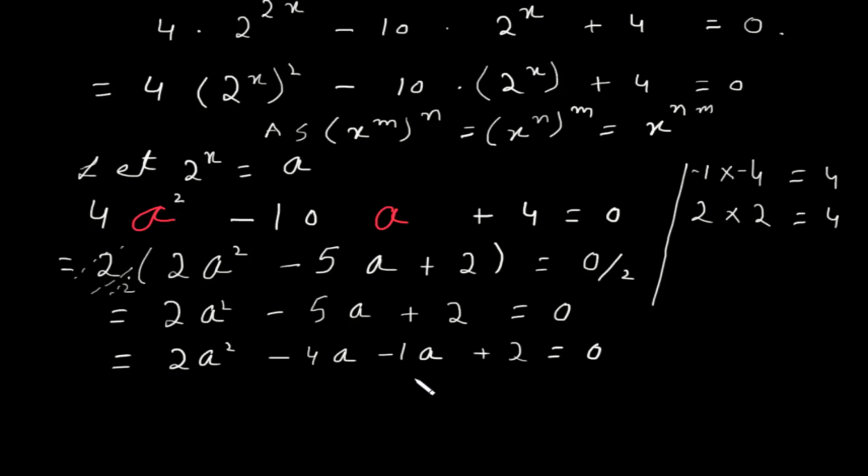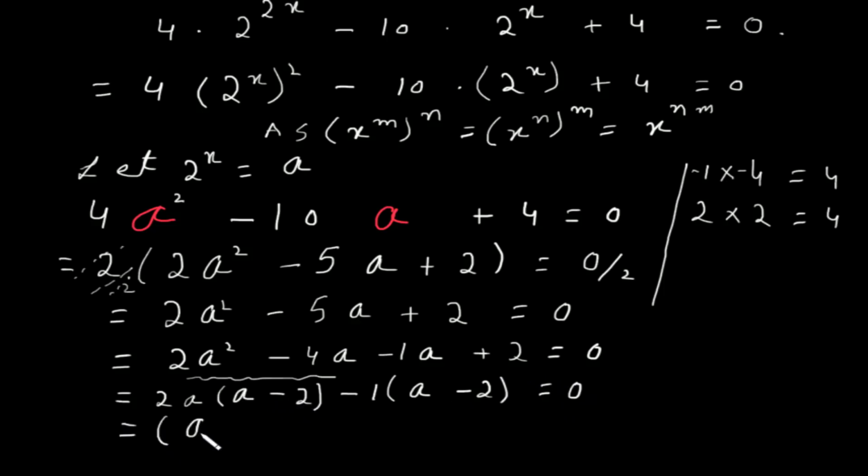From the first group we take 2a common, so 2a times a minus 2, and taking minus 1 from the second group, minus 1 times a minus 2, is equal to 0. Now we have a common factor a minus 2, so we take it common, and we get a minus 2 times 2a minus 1 is equal to 0.